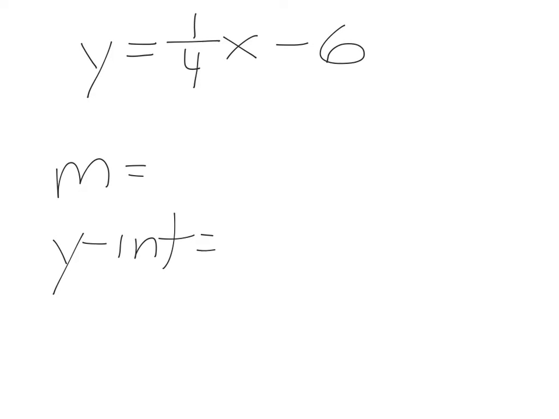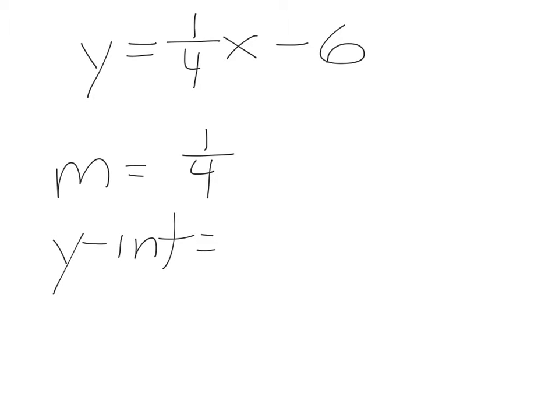The slope is 1/4, and what is the y-intercept? Negative 6. Careful with that. Some people will say, yes, the y-intercept is negative 6. I unfortunately do not agree, and here's why. The y-intercept, by definition, is the location where the line crosses the y-axis.